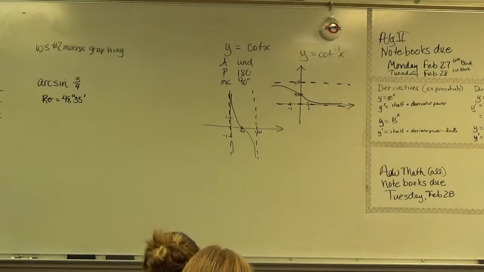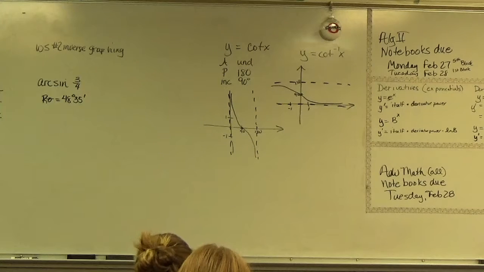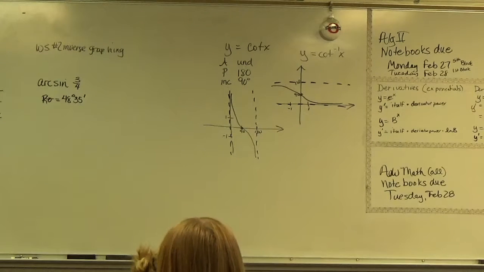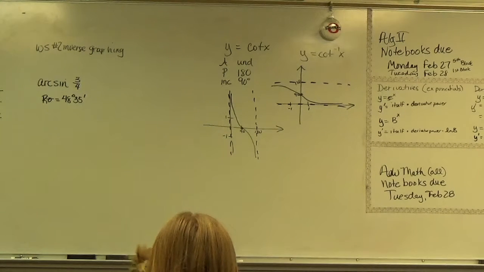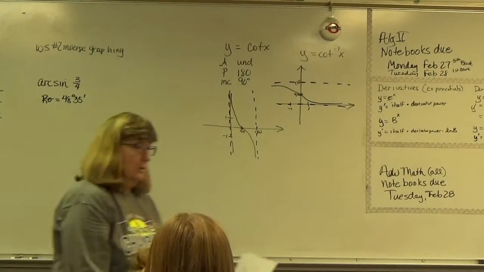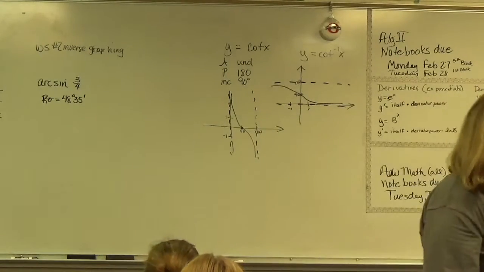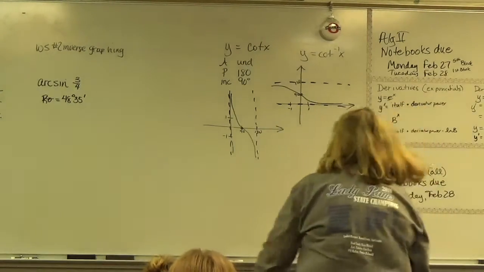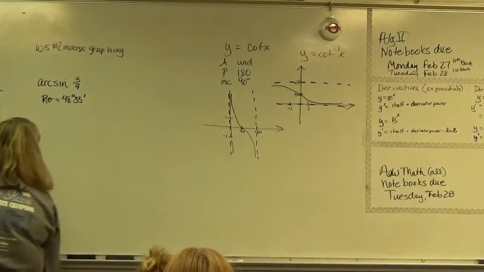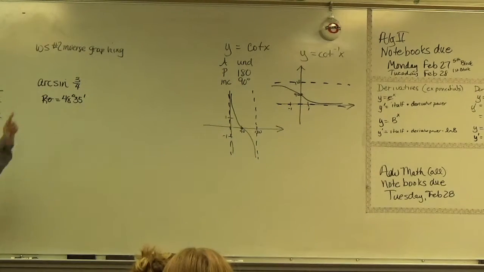Does everybody remember how to enter that in your calculator? You go second sine of 3 divided by 4, and then degrees, minutes, seconds. We also had another sheet that you don't want to lose when you're going to be using the rest of trig.